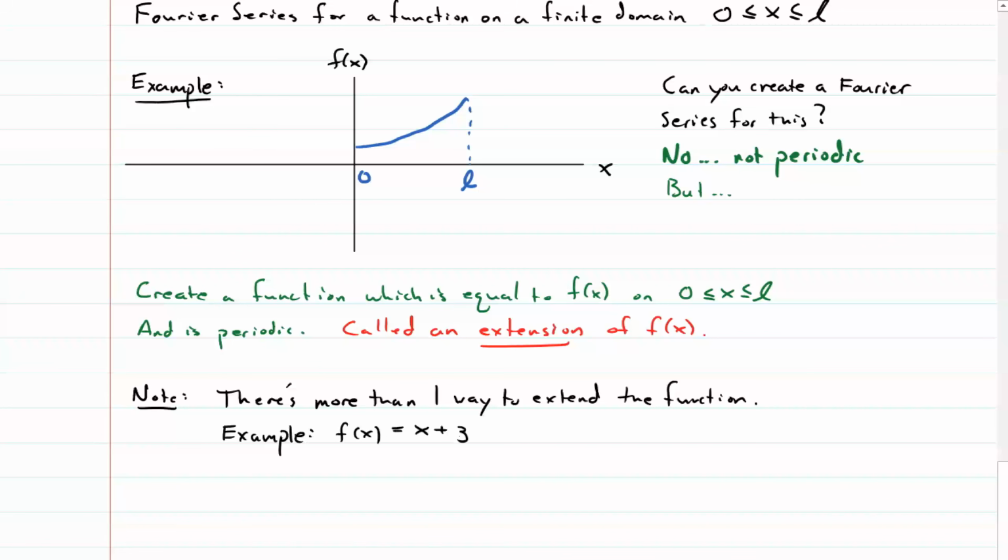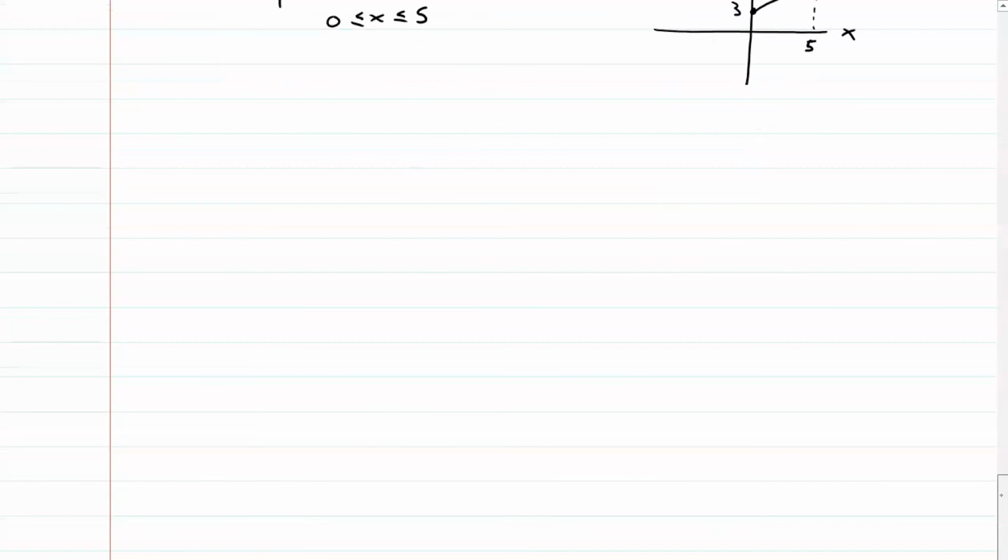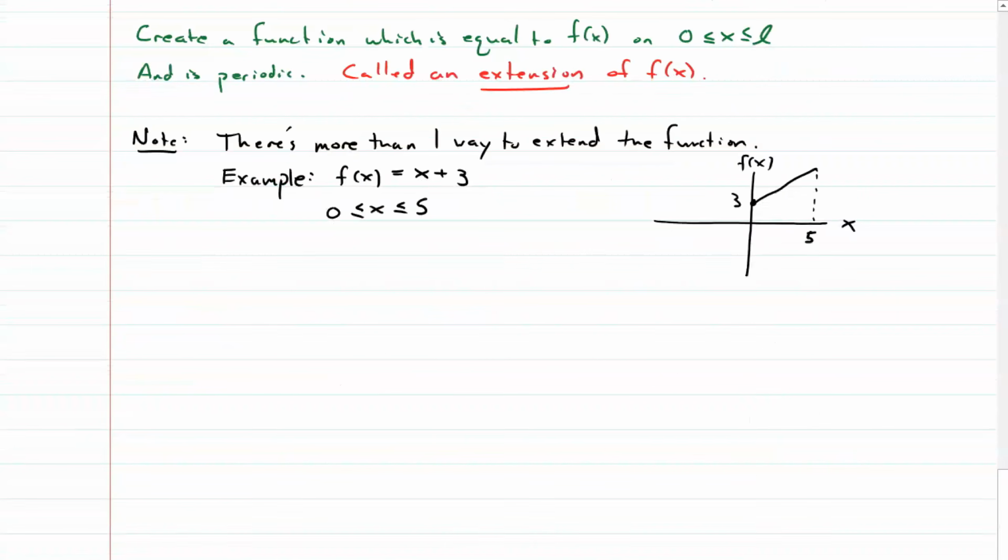That's a very easy function to draw. And we know what it looks like. This is x, this is f of x. Starts at 3 and then goes up like that. And let's say we're doing it on 0 less than or equal to x less than or equal to 5. So this will be the point x equals 5 there. Let me show you a couple different ways that you can extend that function.